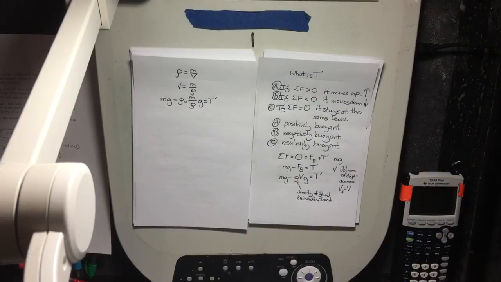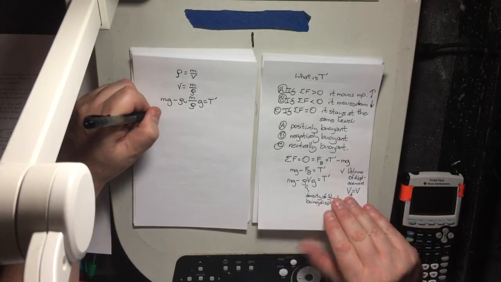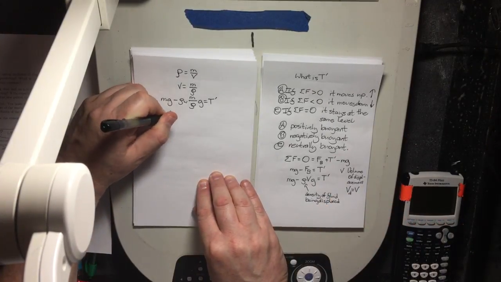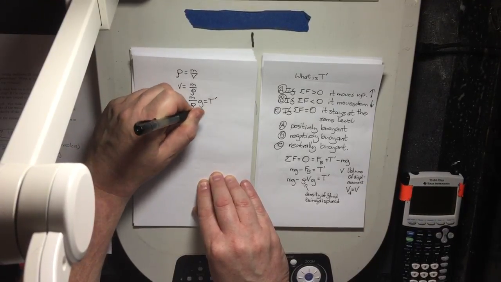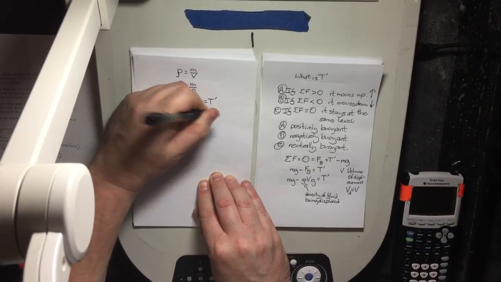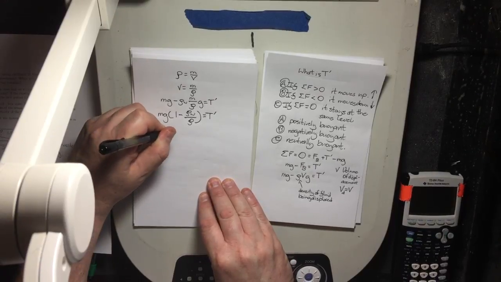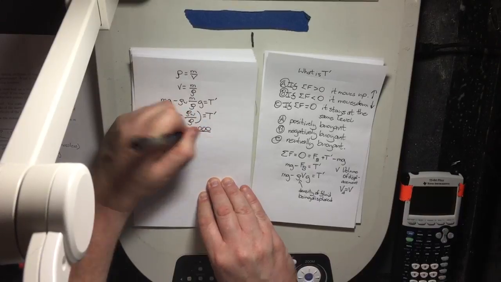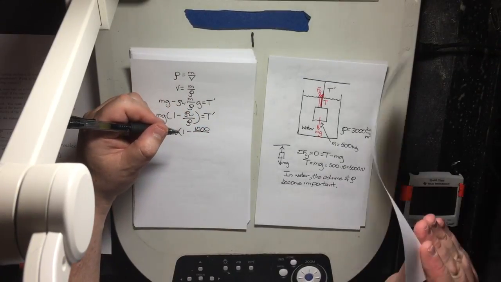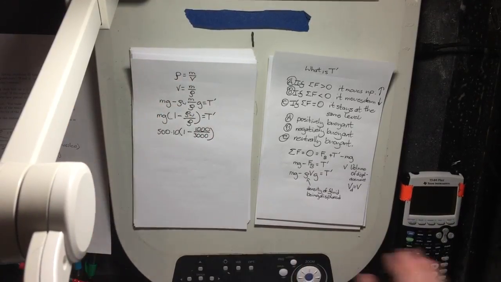And so that gives you the equation that we need, because now we know all of the quantities. In fact, I can do one more simplification: mg times (1 minus rho w over rho) is equal to T prime. M 500, g 10, 1 minus 1,000 over 3,000.